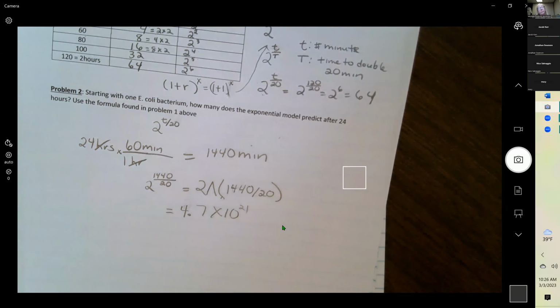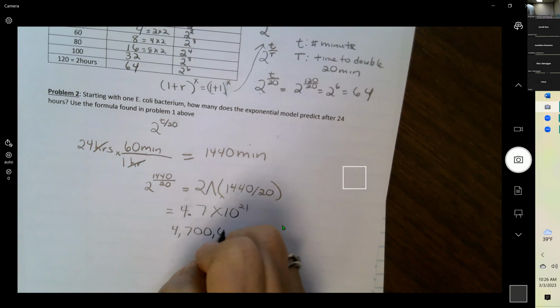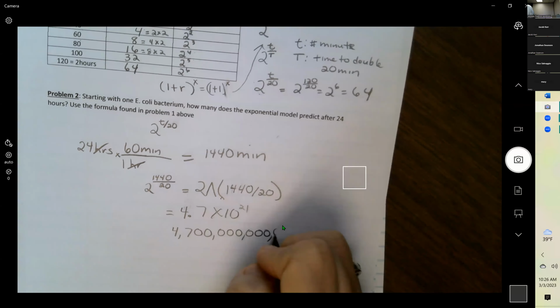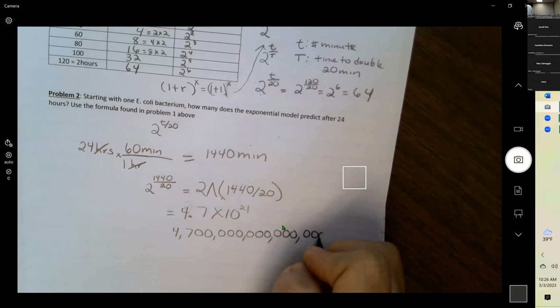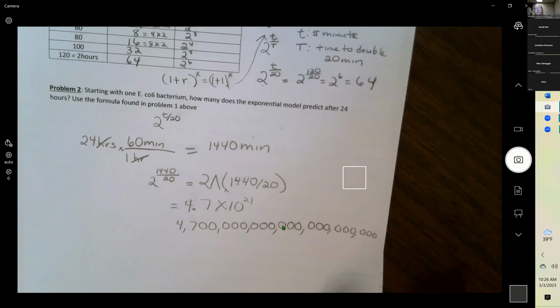That's pretty big. In 24 hours, so in 1 day. So there'd be 4.7 times 10 to the 21 bacteria in 24 hours, if it doubled every 20 minutes. Any questions on that?